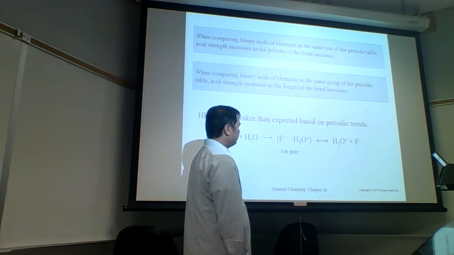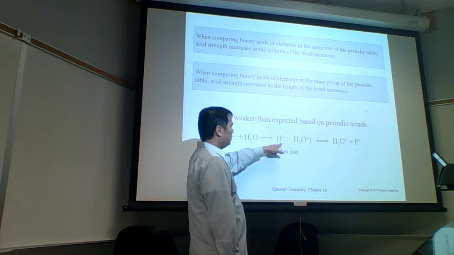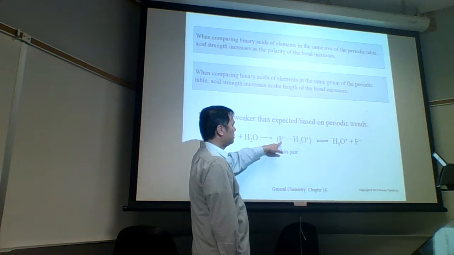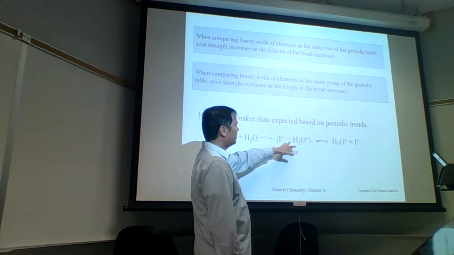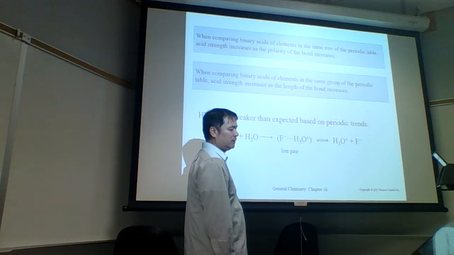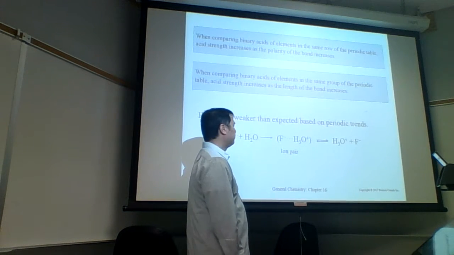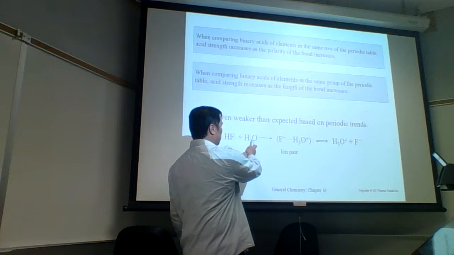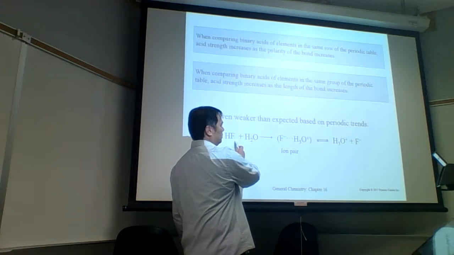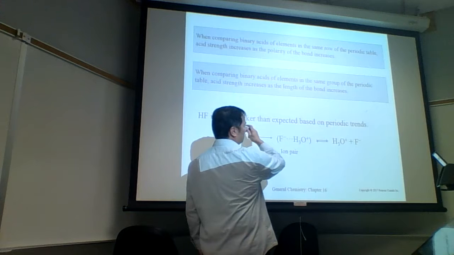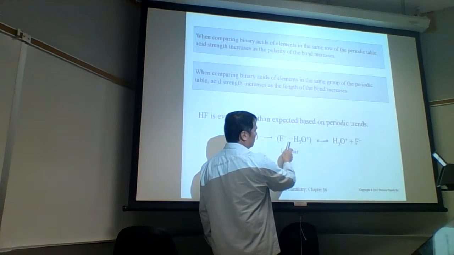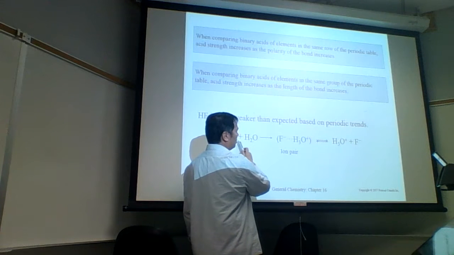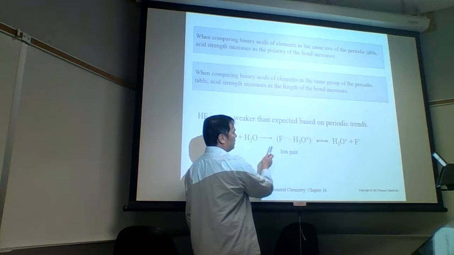Fluoride's a small ion, and so it's got a high negative charge density, which means fluoride doesn't really break off completely. Let's say water deprotonates HF, and so fluoride should go its own way, hydronium should go its own way, but fluoride doesn't give up. So there's kind of a tug of war for the proton between water and fluoride.